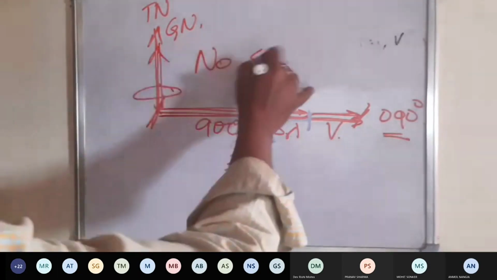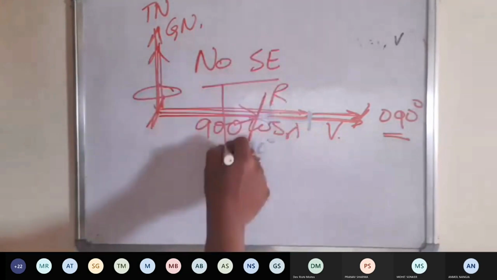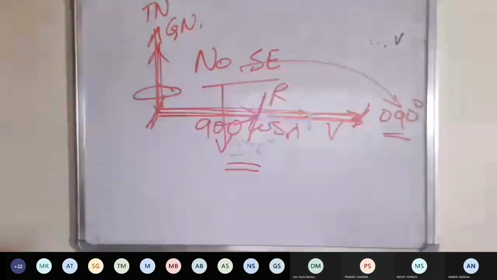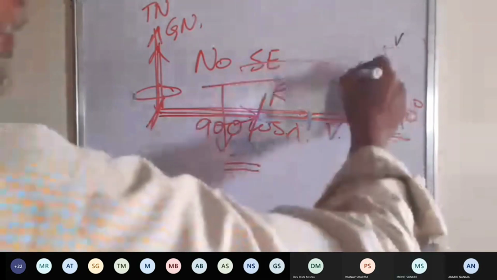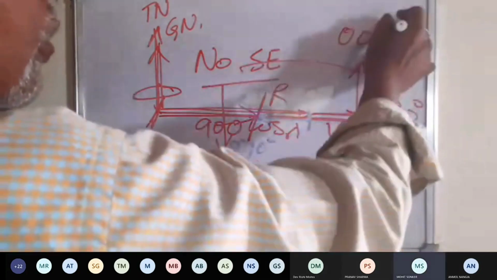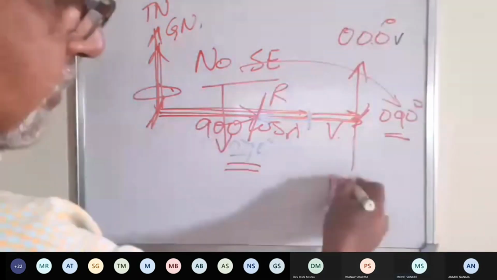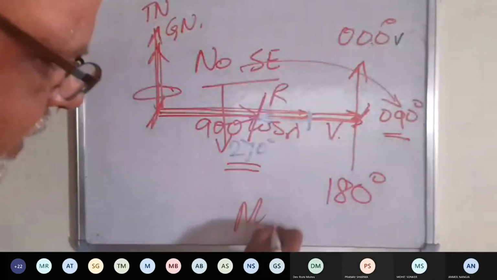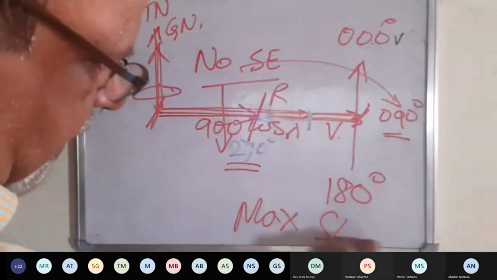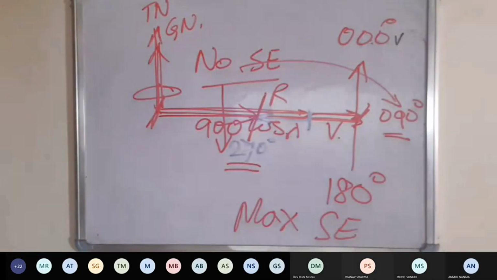No SE in this case and in this case. Correct? Yes. When 000 and 180, maximum SE, steaming error.